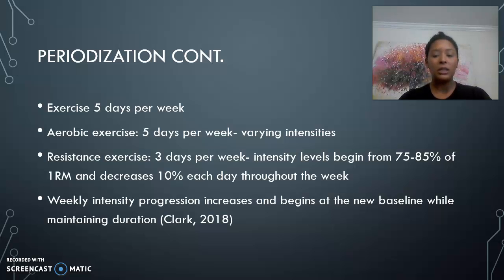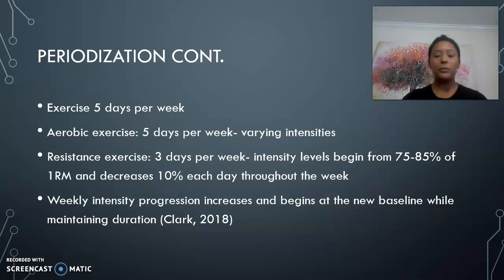Resistance exercise was completed 3 days per week, and the intensity levels began at a high of 75 to 85% of his 1 rep max, and then each day it decreased by 10% throughout the week. By completing a linear, more traditional style of periodization, it allowed for each week the client to have a new baseline.